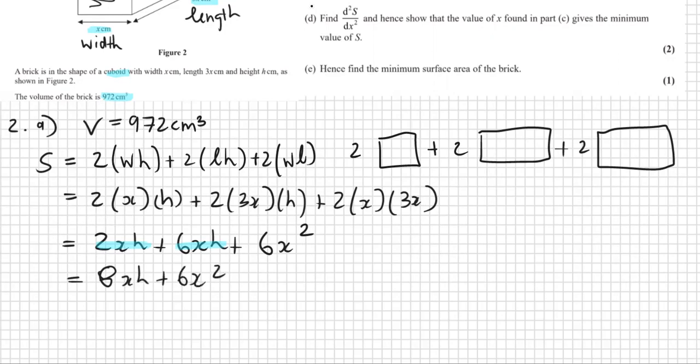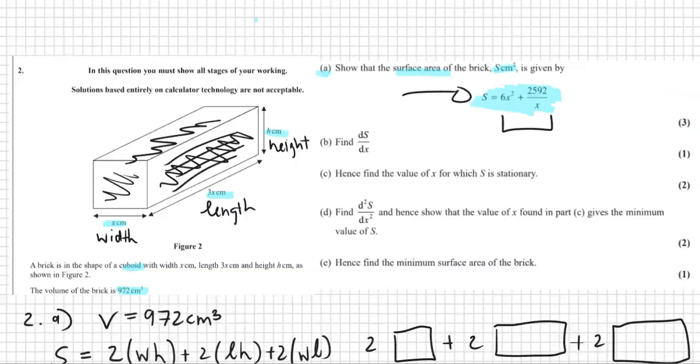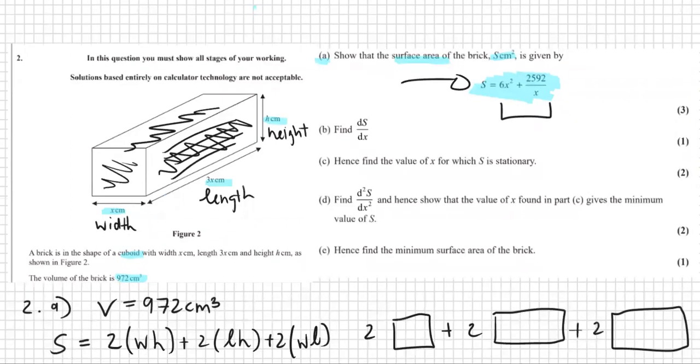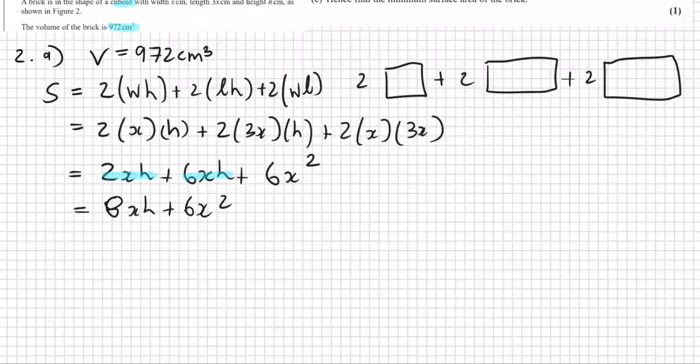But this doesn't look like our answer yet. We're aiming for our answer to look like this. There's no h in that, so we still have to do a step to get rid of the h.